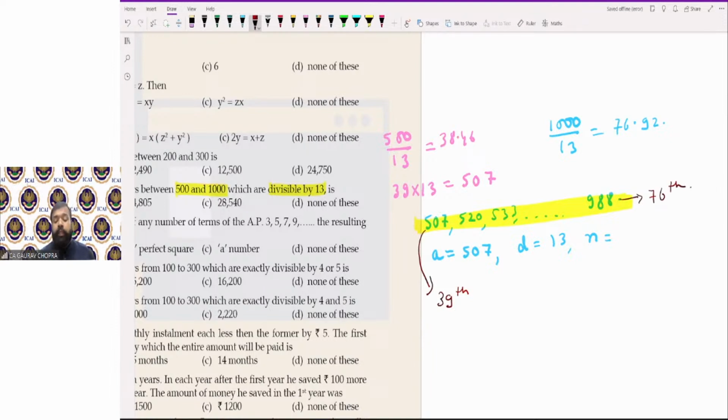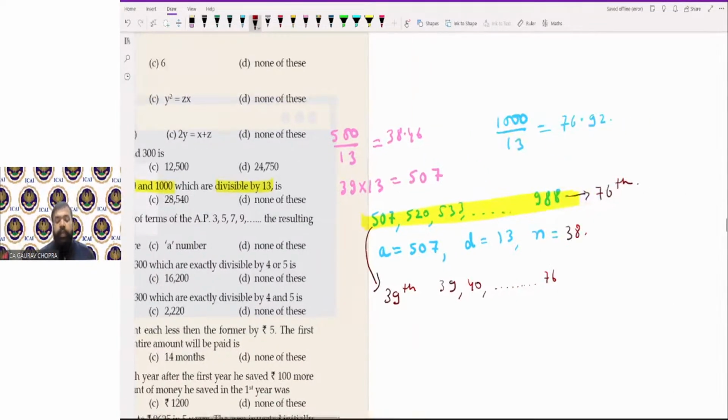So overall, how many terms are there? From 39 to 76: 39, then 40, then 41, up to 76 you have to count. So this will be 38. So N will be 38.